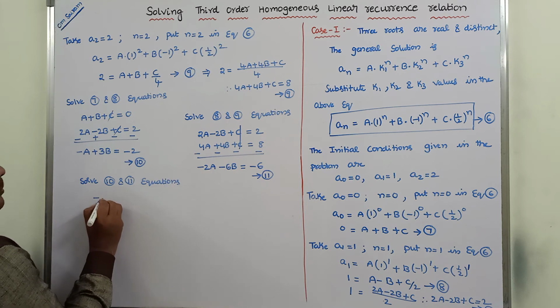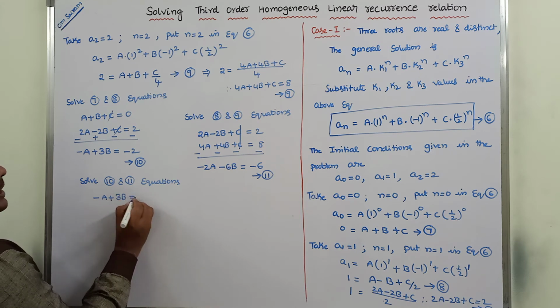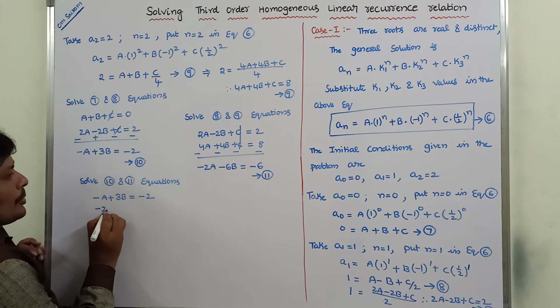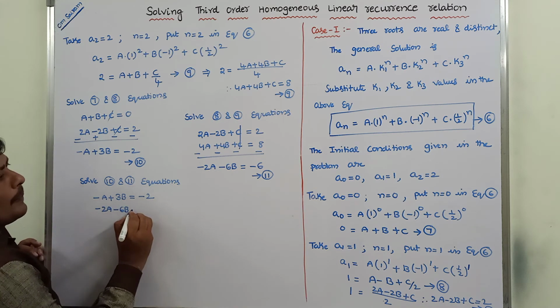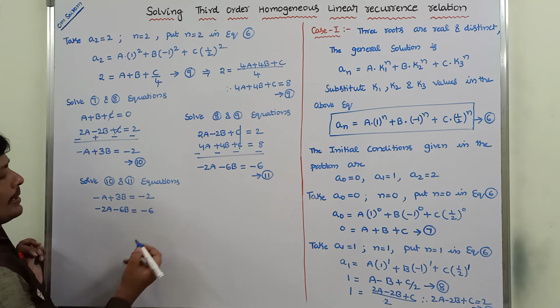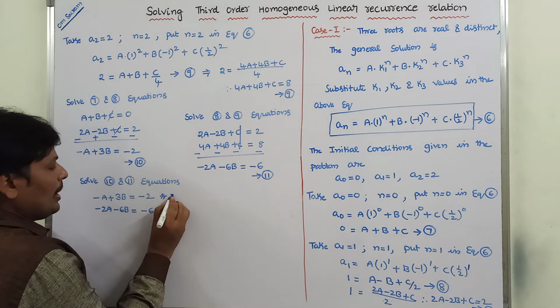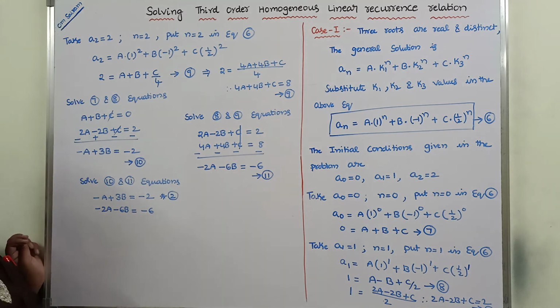So that is minus A plus 3B is equal to minus 2. Next one, minus 2A minus 6B is equal to minus 6. Now this equation is multiplied with 2.